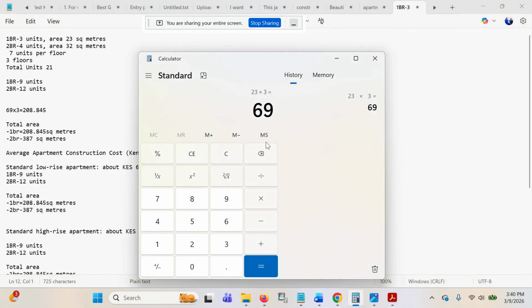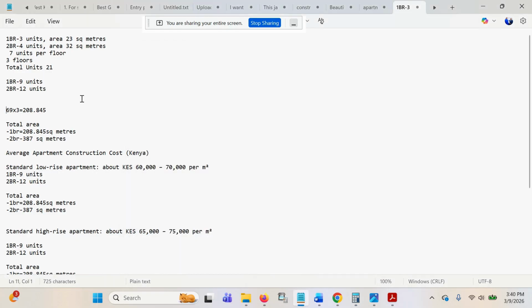For the two bedrooms, the area is 32 square meters, so times 4, that gives you 128.